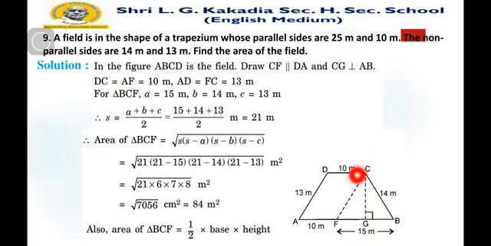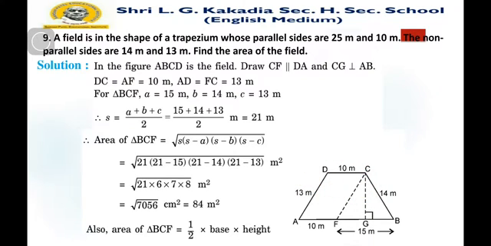But here you can see that CFB is one triangle, and we know that FC is 13, BC is 14, and FB is 15. So we can easily find the area of this triangle. After that, as CG is the altitude, we can find it by putting in the value of the area. It will be the height of this trapezium, and after finding the height, we can easily find the area of this trapezium.